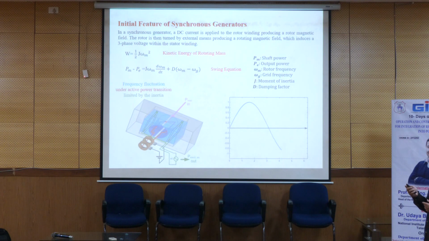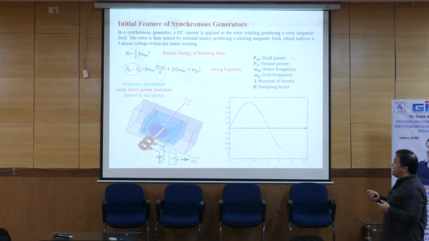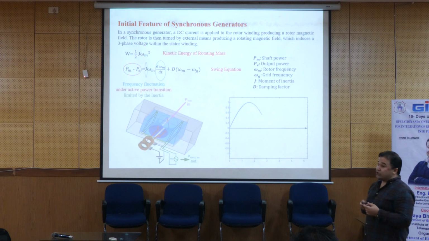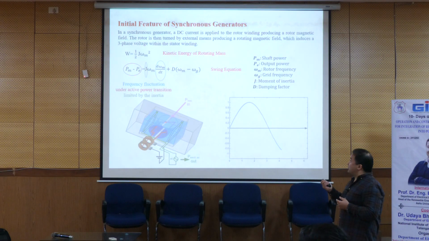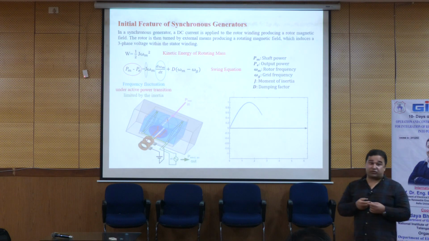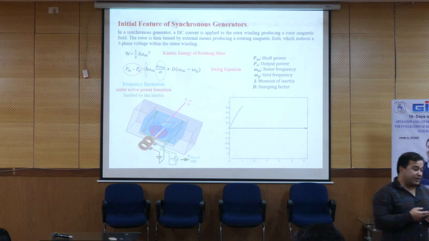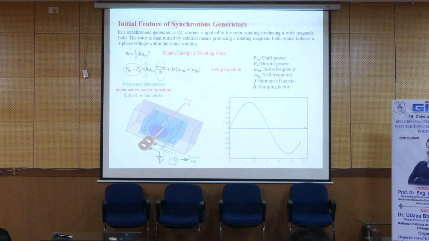This swing equation is based on the frequency fluctuation under active and reactive power transition, which is limited by the inertia in the synchronous generator machine. We also have a damping factor, but this has lots of mechanical and electrical limitations. So they damp the fluctuation, but not efficiently enough.